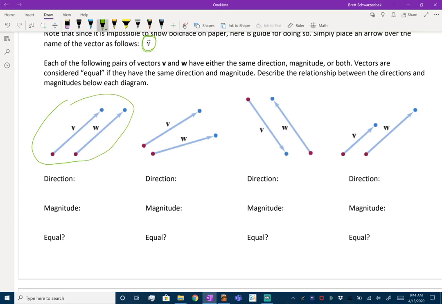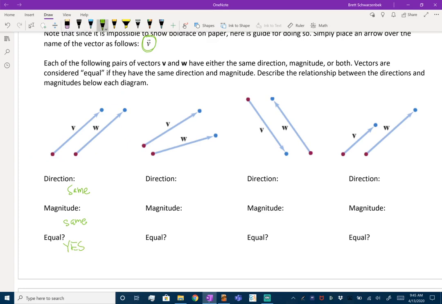Well, I sure hope so. You can't go in any better or similar direction. Would you say they have the same magnitude? Remember, we're talking about length. If we looked at these and lined them up, they look perfectly the same in terms of magnitude. So what does that mean? Are they equal? Well, yes, they are, because they have the same direction and magnitude.